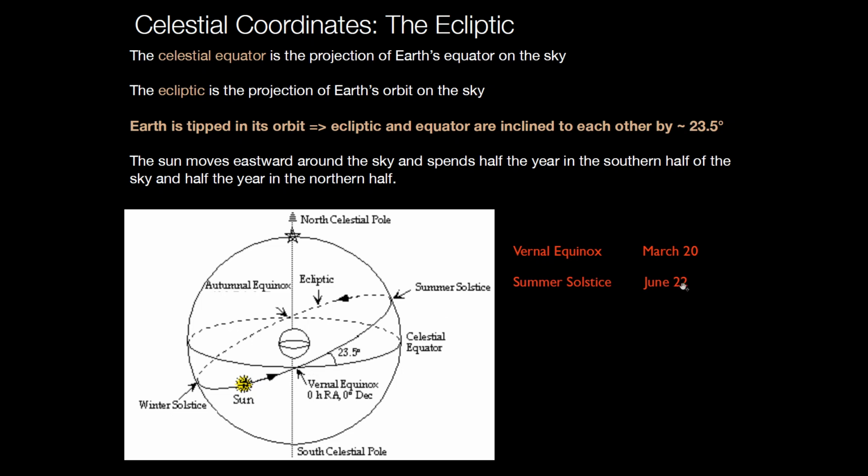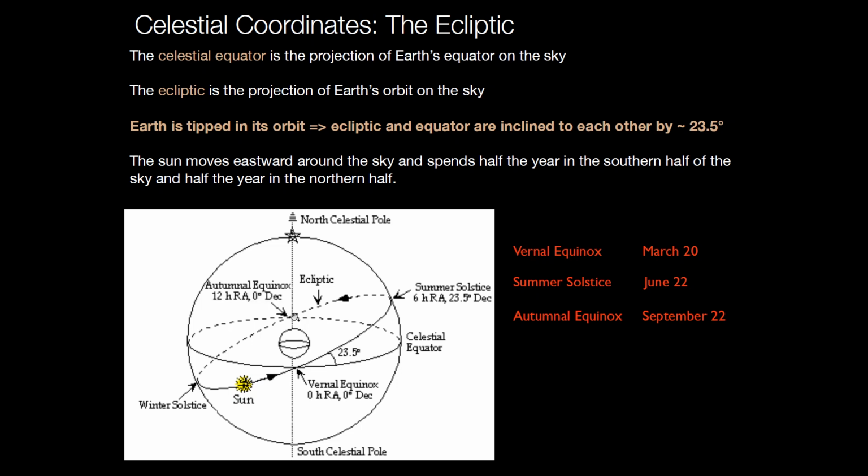The summer solstice will be on the 22nd of June. So the declination of the Sun there will be plus 23.5 degrees above the celestial equator. It would be 6 hours around because we're a quarter of the way around the rotation. It's 24 hours per rotation. We have the autumnal equinox, which is on September the 22nd.